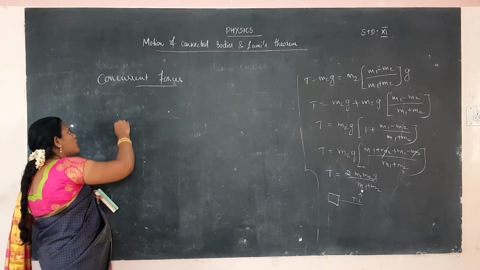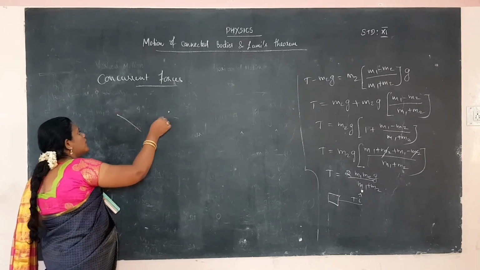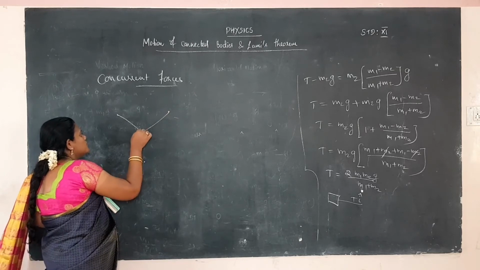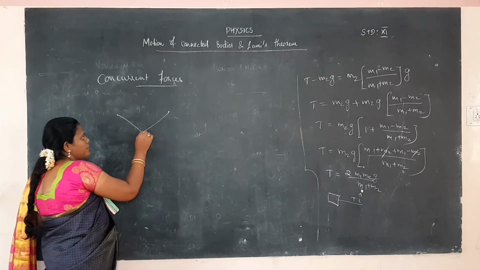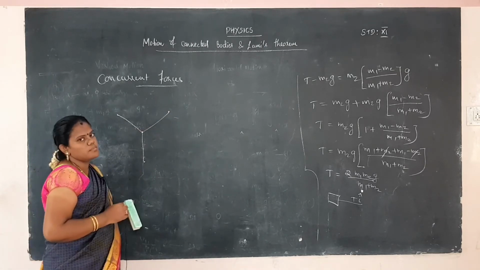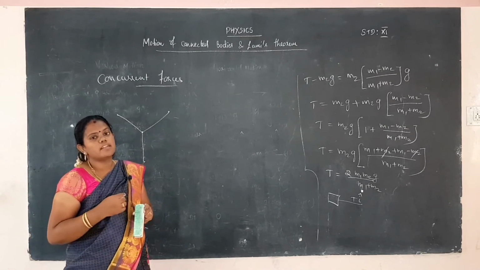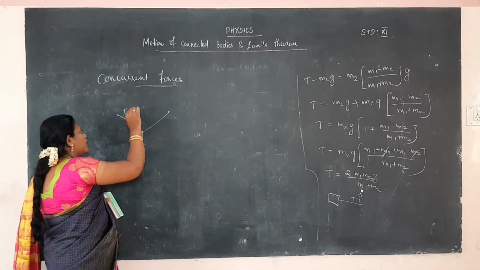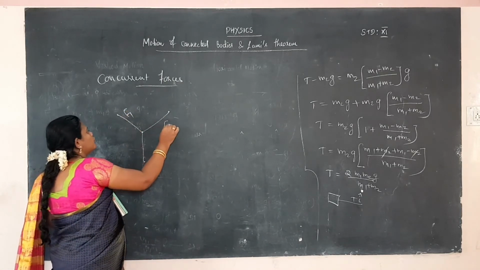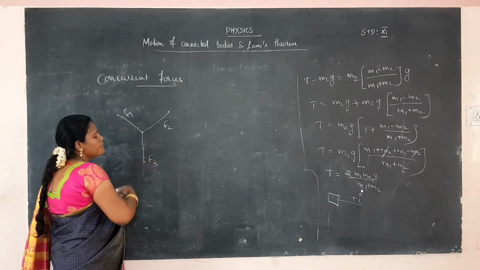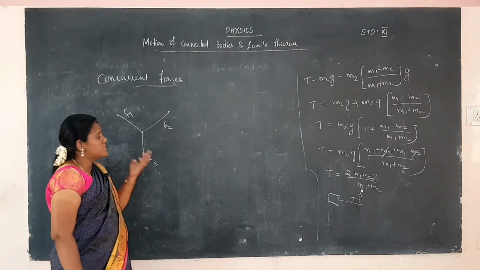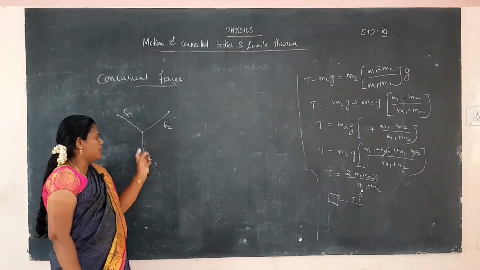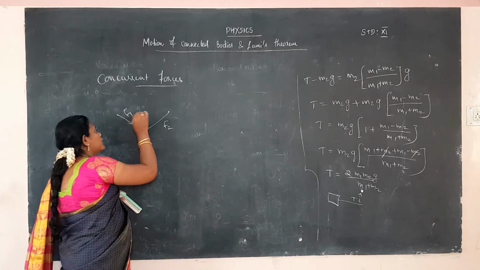We have to draw the lines of force for all the forces, and all the forces meet at a single, common point. Those forces are called concurrent forces. Suppose we consider three forces F1, F2, F3.